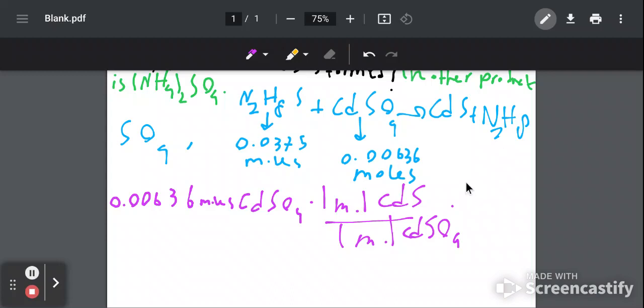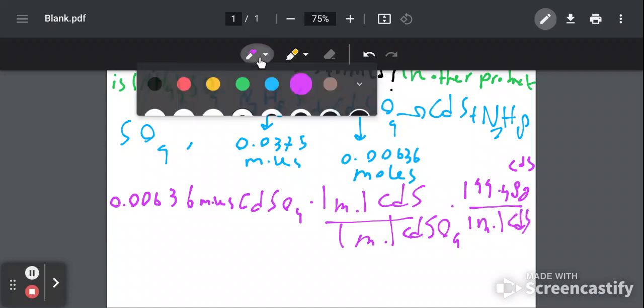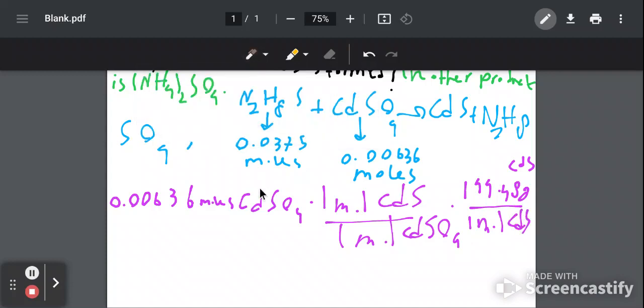So times 144.48 grams of cadmium sulfide per 1 mole of cadmium sulfide. We can see that the moles cancel out, and what we're left with is the grams of cadmium sulfide.